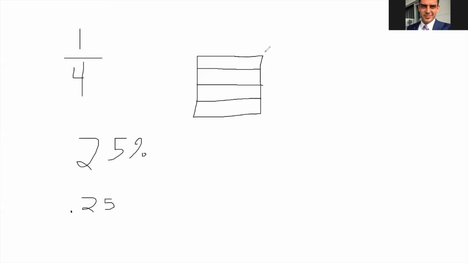So basically, I'm going to give you one of these 4 pieces. 1, 2, 3, 4. So there's 4 pieces in total. That's the whole. Right? And then part is what you're getting. So 1 out of the 4. So I'm giving you 1 piece. This is 1/4.